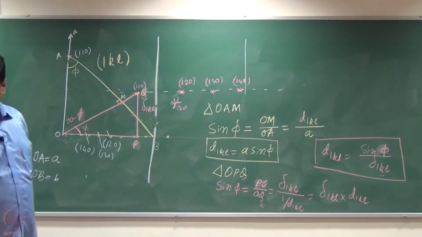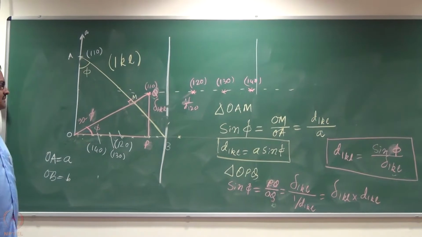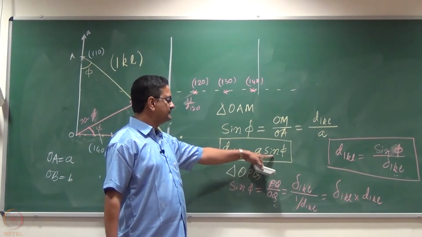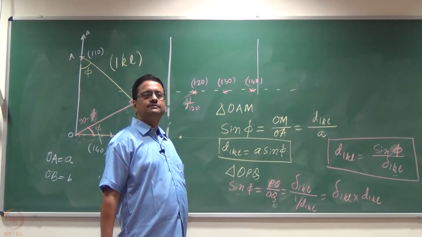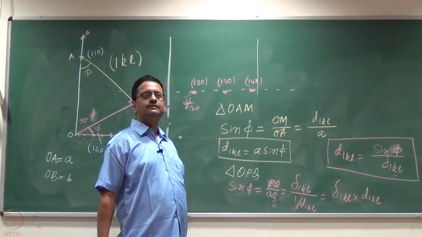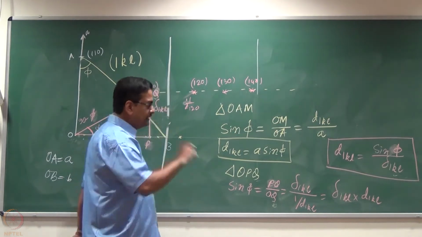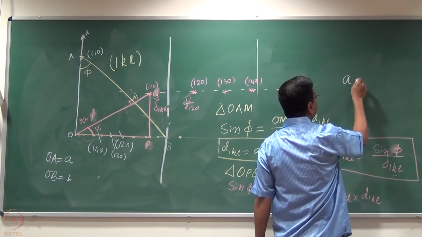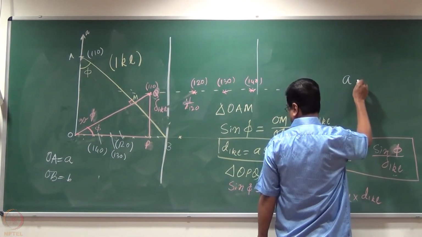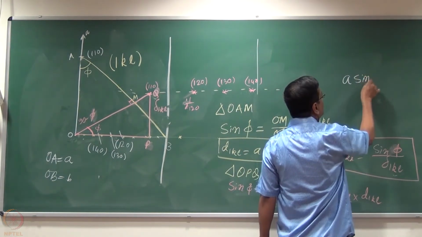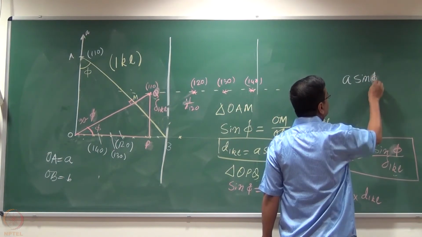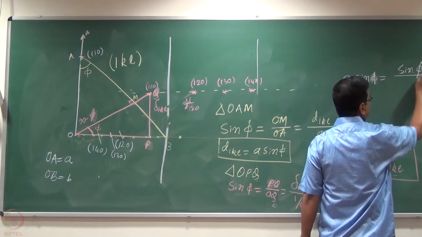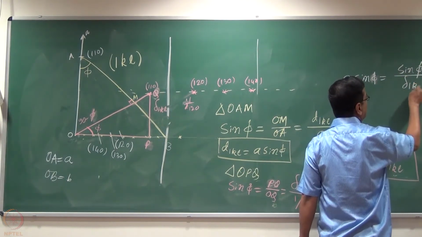Now we compare the two equations. D1K is equal to A sin phi, and that is equal to sin phi by delta 1KL. So we can equate these two as A sin phi equal to sin phi by delta 1KL.